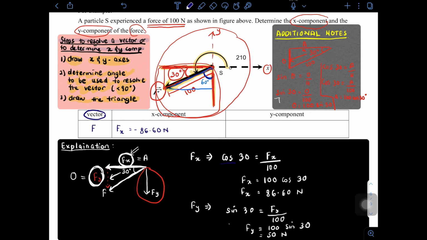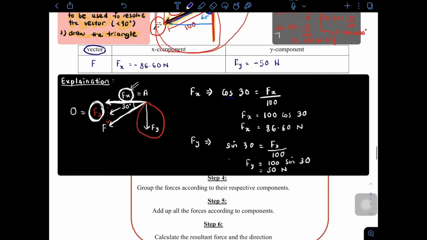And Fy, the y component of your force, goes downwards, so it is negative 50 Newton.